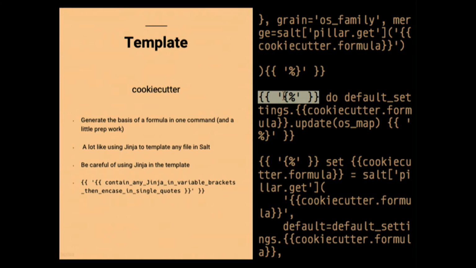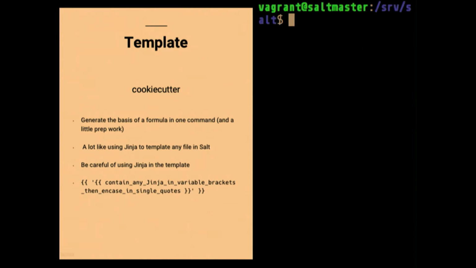Because if you don't do this, Cookie Cutter will try to read your Jinja for your actual state as Cookie Cutter and try to render it. So you do want to make sure you stay away from that. So, okay. We've gotten everyone on the same page, right?